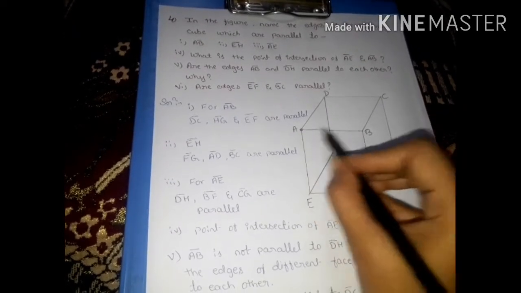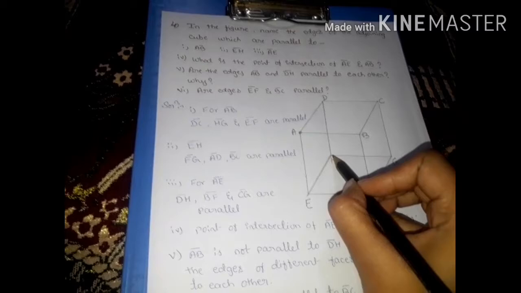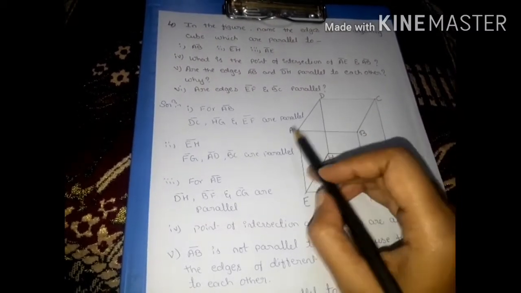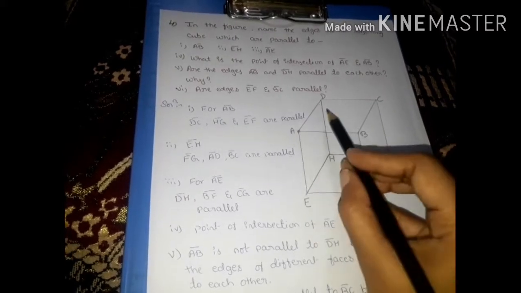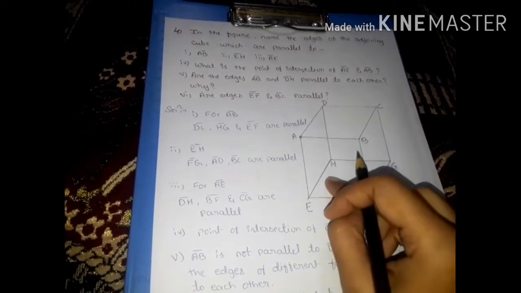By observing this figure, we can say that AB is not parallel to DH because they are on different planes, and also they are perpendicular to each other. So you have to give the reason: AB is not parallel to DH because they are the edges of different faces and perpendicular to each other.